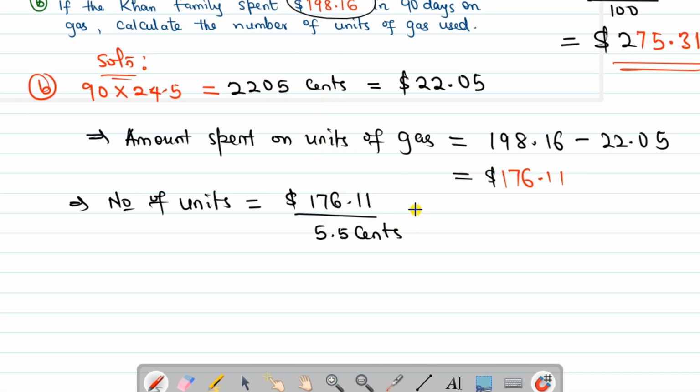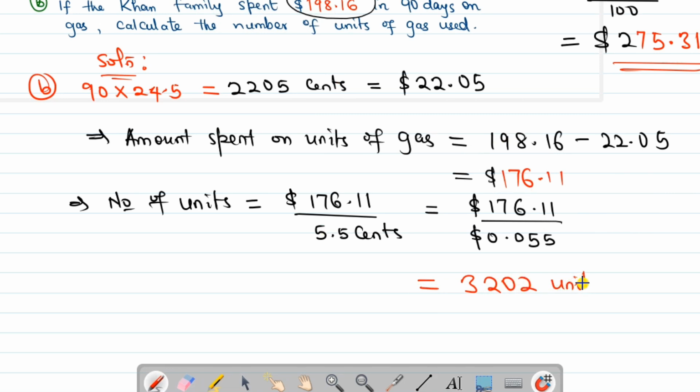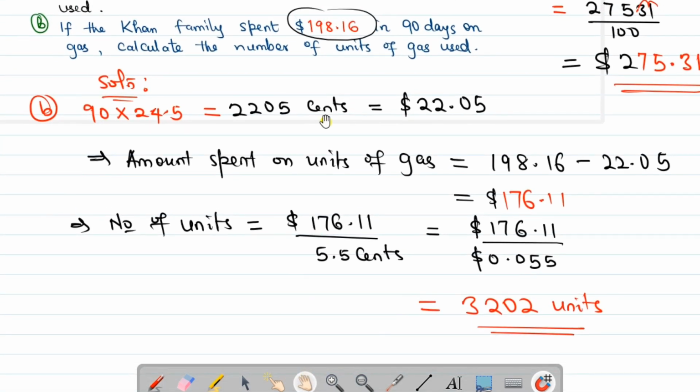If we leave it in dollars, we change the denominator to dollars, so we have 176.11 over 5.5 divided by 100, which is 0.055. That gives us 3,202 units of gas. This is the total number of units of gas they used to spend this amount in 90 days.